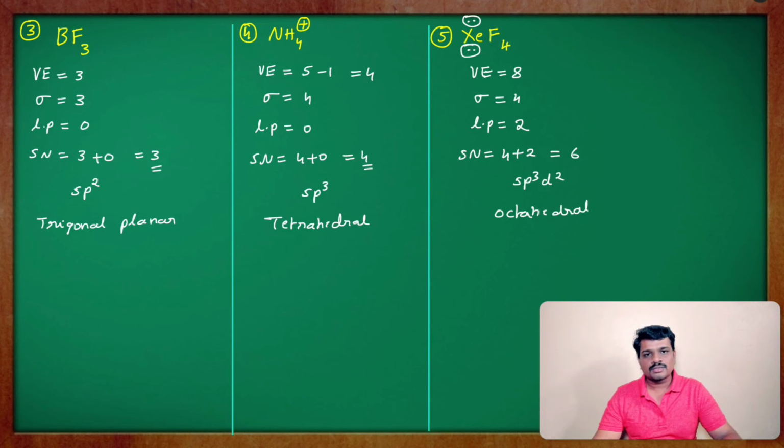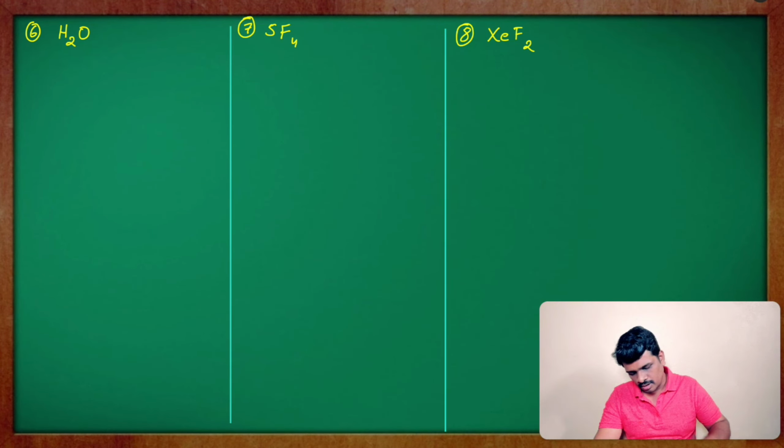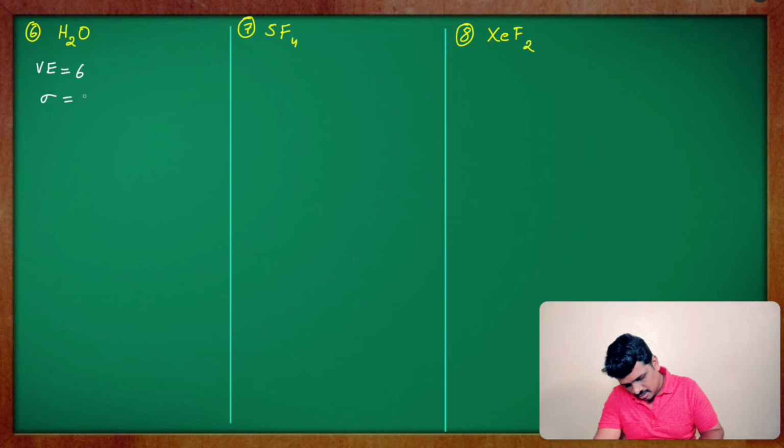Okay. So let us move on to the next problem. The next example is water molecule. In water molecule, oxygen is a central atom and valence electrons of oxygen is 6. How many sigma bonds are present? 2, right? Because 2 terminal hydrogen atoms are present. Is there any lone pairs? Yes, there are 2 lone pairs.